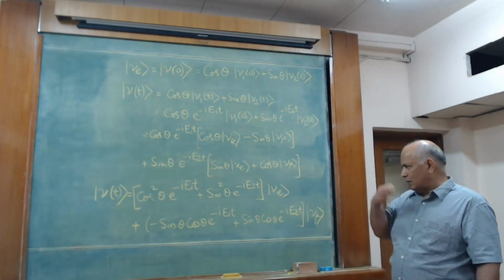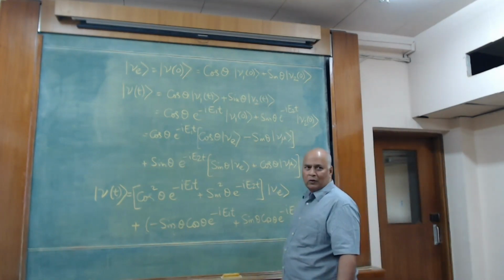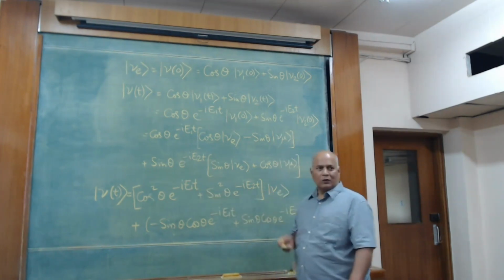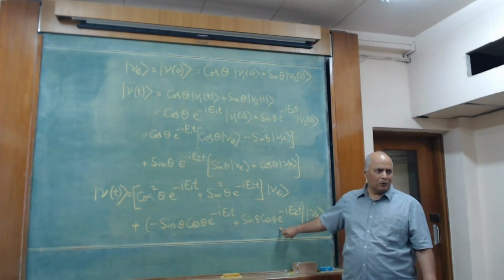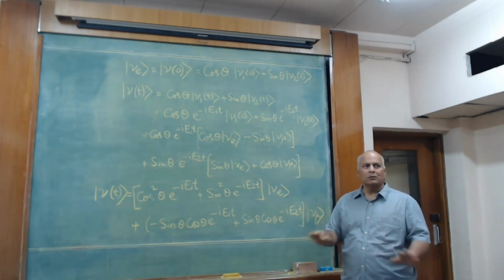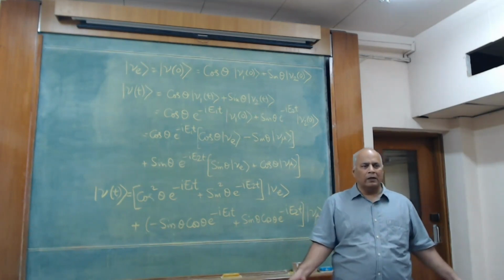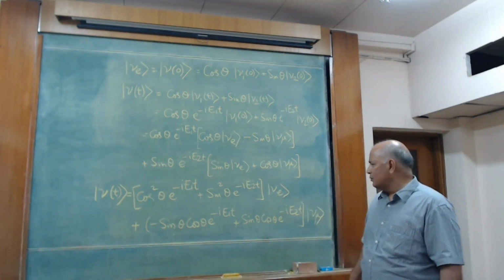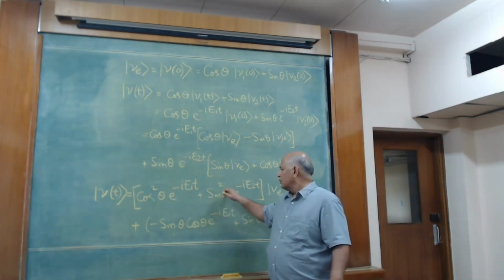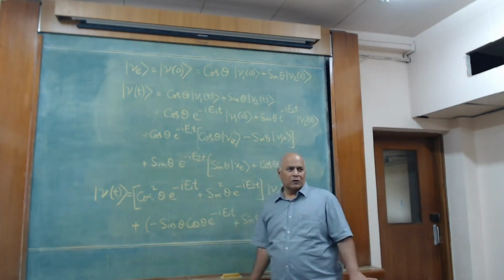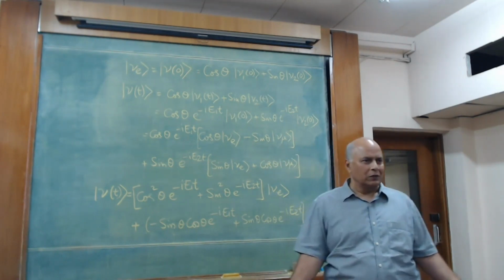And of course, as I mentioned before, if M1 equal to M2, E1 equal to E2, so this term drops out and nu e remains nu e. And similarly, if theta equal to 0, sin theta here is 0, this term drops out, only cos square theta is there, and again nu e remains nu e.